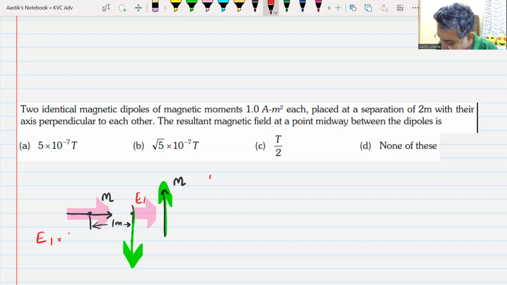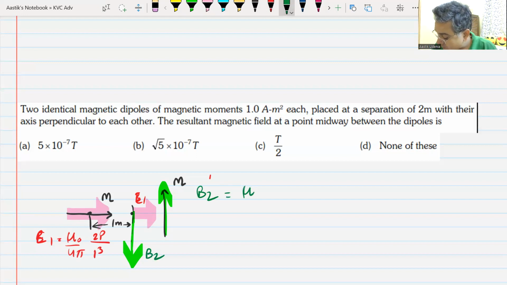You can write B1, not E1, B1. B1 will be equal to mu naught by 4 pi. This is axial field, so 2p divided by 1 cube. This is the equatorial field B2 in the equatorial direction: mu naught by 4 pi divided by p by r cube.